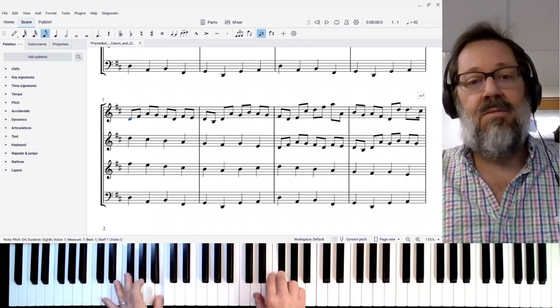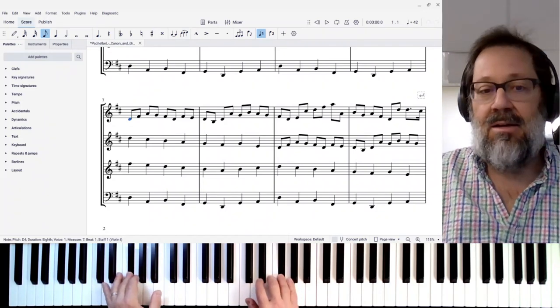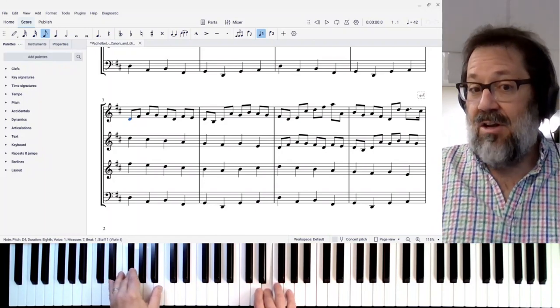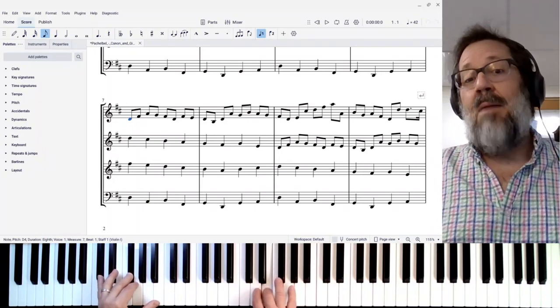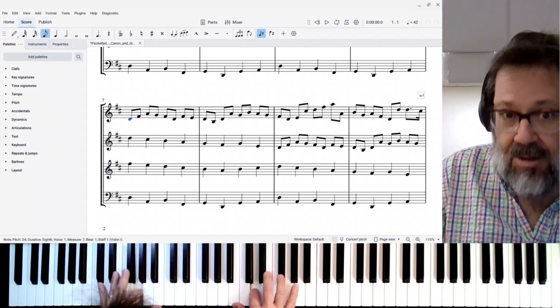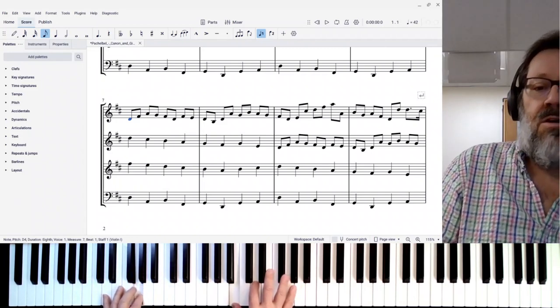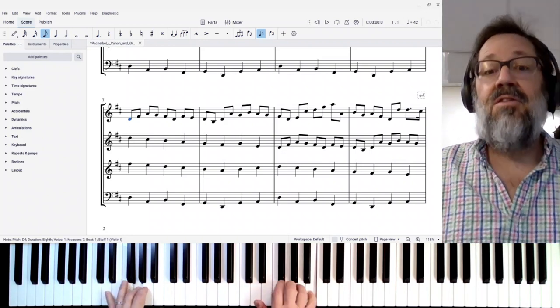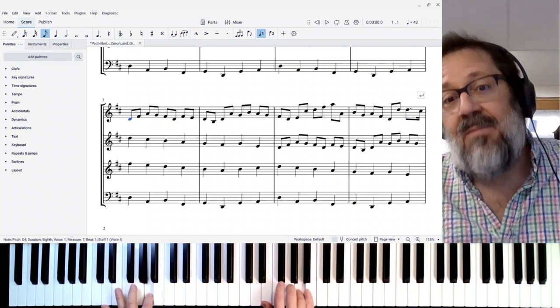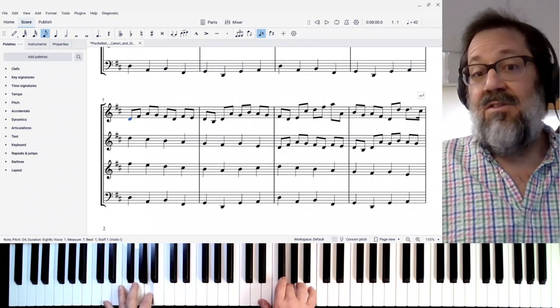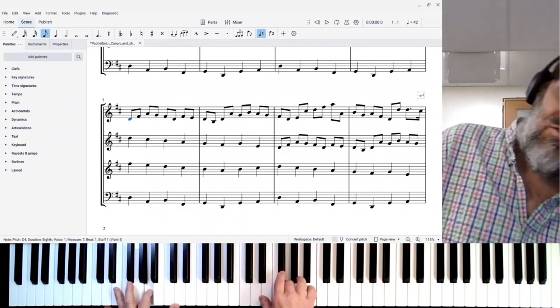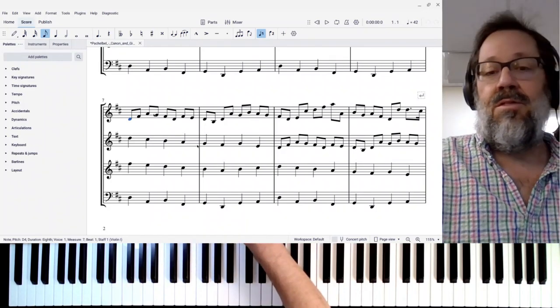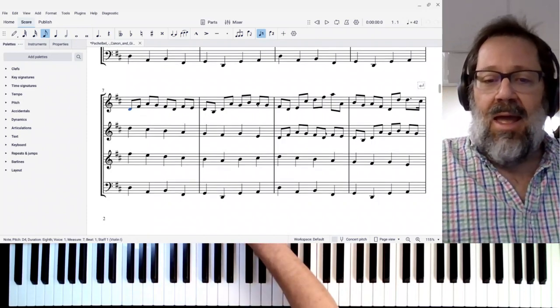To the fifth, and a third, an octave, another dissonance, another seventh, approached by step and resolves by step. To that fifth, a third, an octave, a fifth, an octave, a third, an octave, seventh, the dissonance approached by step and resolving by step into the third in the next bar.